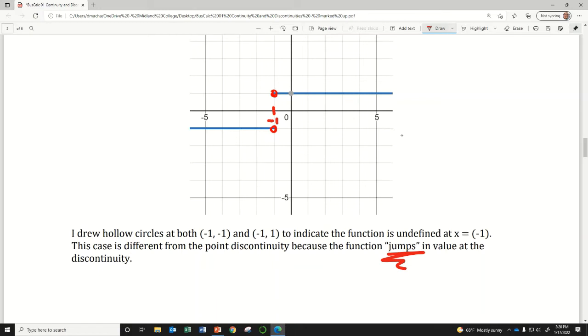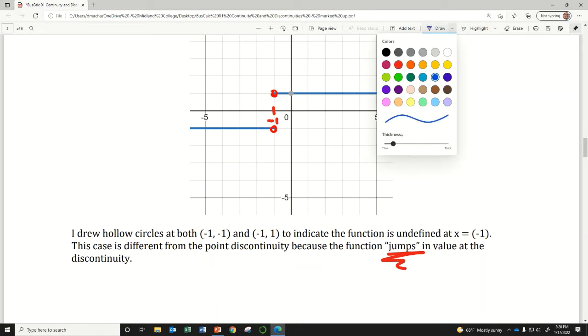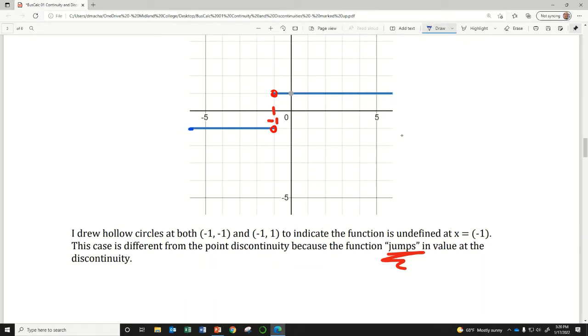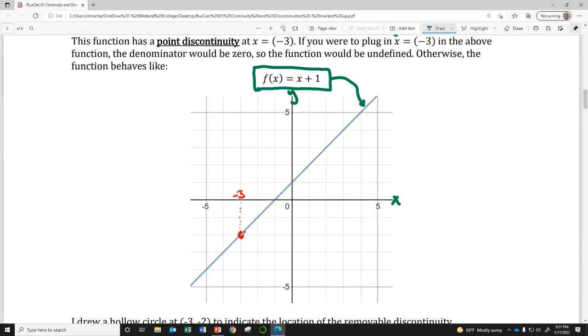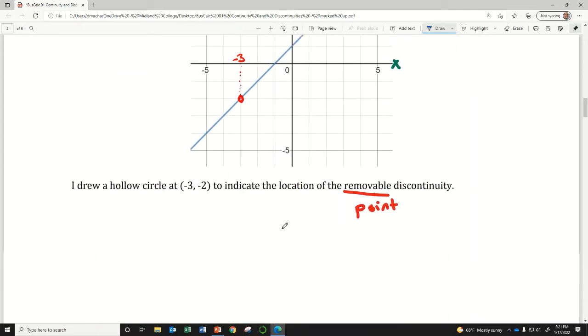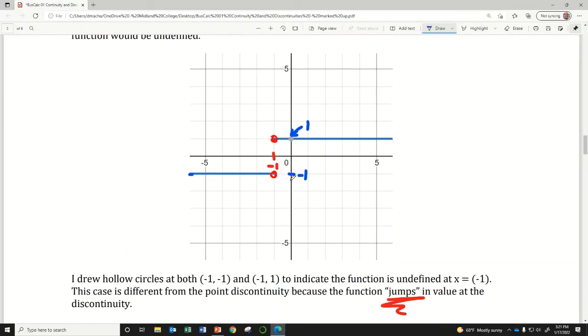So notice the jump happens because we're hopping along here at -1 in my y value, or the function output value. And then, right there at the discontinuity, we jump up to y equals +1. And so this is the jump in jump discontinuity. Whereas with the point discontinuity, my graph is only discontinuous at a point. Here, it's discontinuous at a jump. So these are the first two flavors of discontinuity.